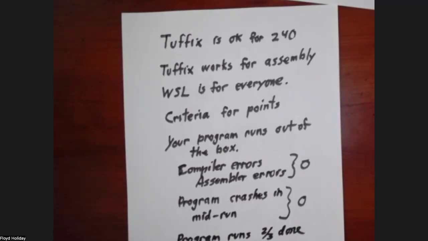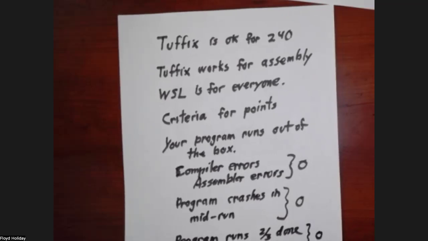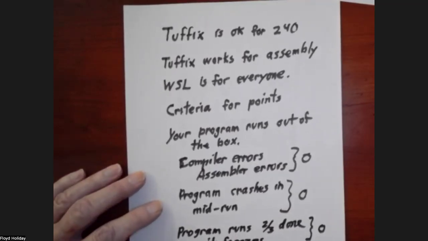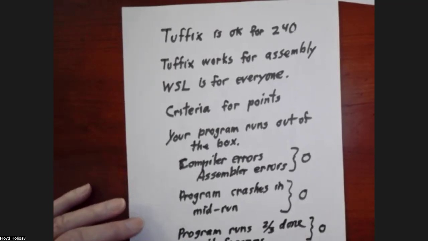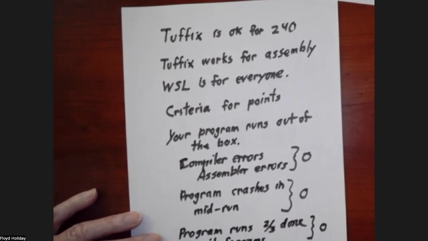But the program just freezes. It won't accept any more inputs. It won't terminate nicely. That's a score of 0. Freezing can happen anywhere. I just made up two-thirds of the way, but it could happen anywhere. We say it must terminate gracefully.